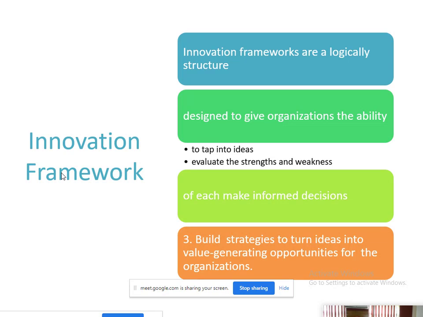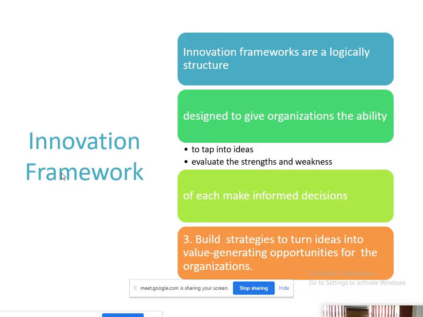This framework will give you the advantages and disadvantages, that means the pros and cons of a particular organization or a particular product, so that the team members can implement, modify and improve things for the future. Okay, so innovation frameworks are logically structured, designed to give organizations the ability.